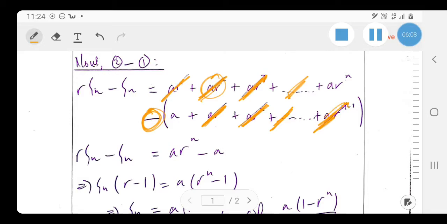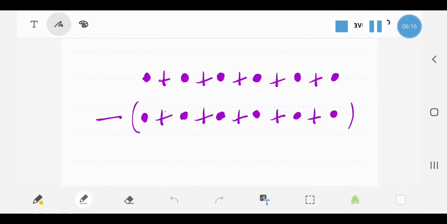It's a little bit hard to visualize what happens here, but we don't end up with nothing. We end up with two terms left over on the right-hand side. Just to illustrate where those two terms would be, I've drawn this silly little diagram here. We're cancelling things in a fashion like this, along a diagonal.